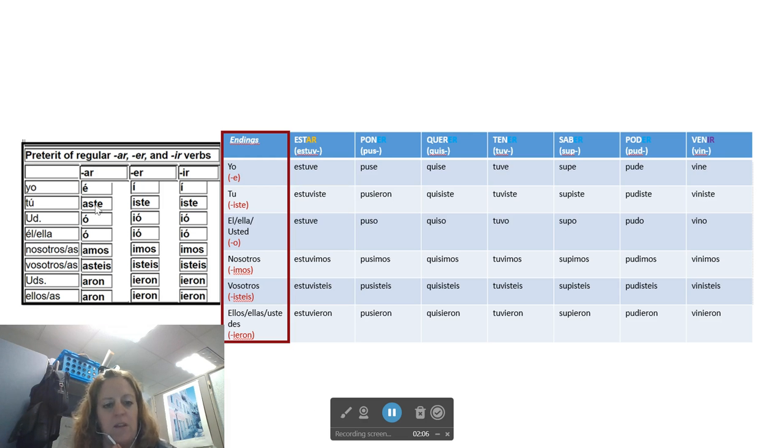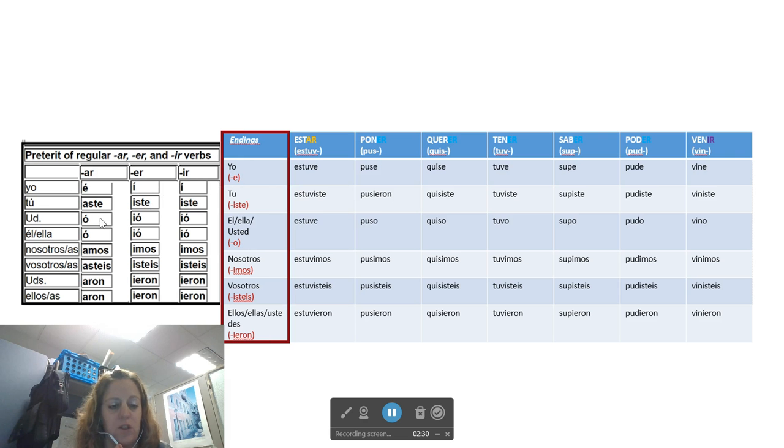So these are your AR endings, and your ER IRs are the same, right? Well, there's a set of endings that's going to go with all of these verbs, like estar, poner, querer, tener, saber. They're a combination of your AR, ER, IRs. Like an e for the yo, that's what you would do in the AR form, but an iste is what you would do for the ER, IR form.